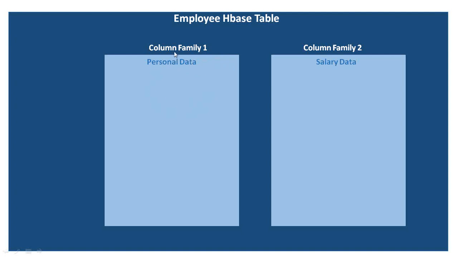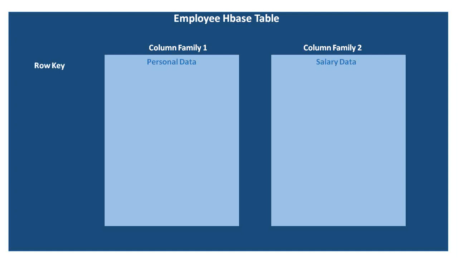In most column-oriented databases, while creating the tables, we specify only the column families. Under these column families, we can store different kinds of columns, and we can create the columns dynamically. While creating the table, we won't fix the columns; we only fix the column families.